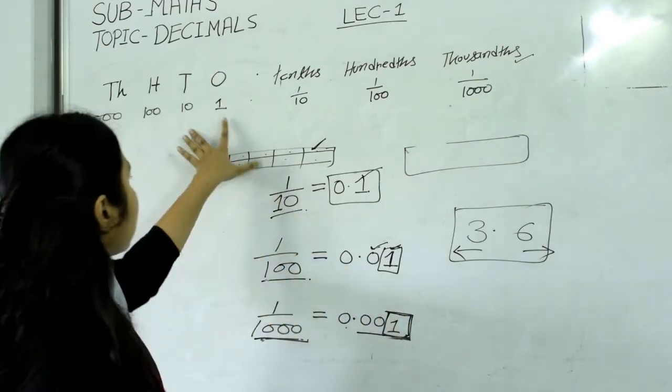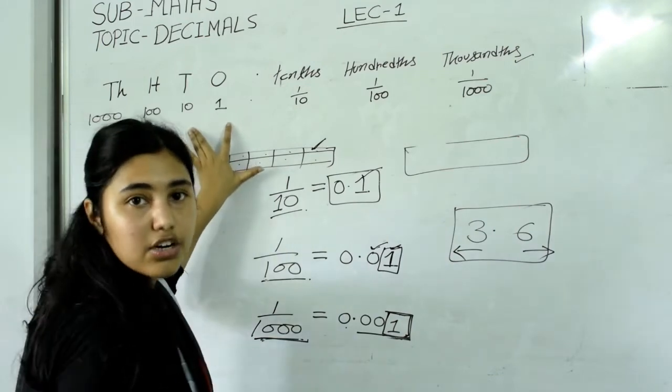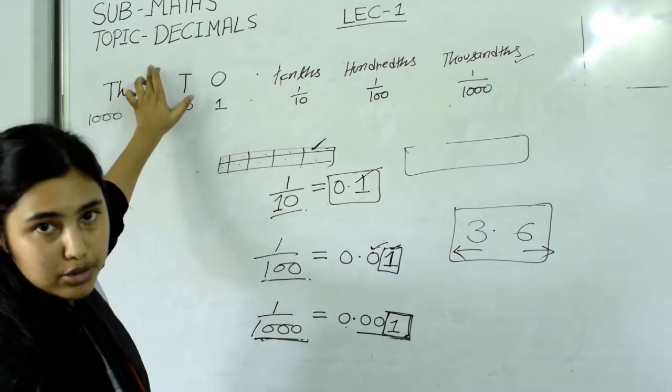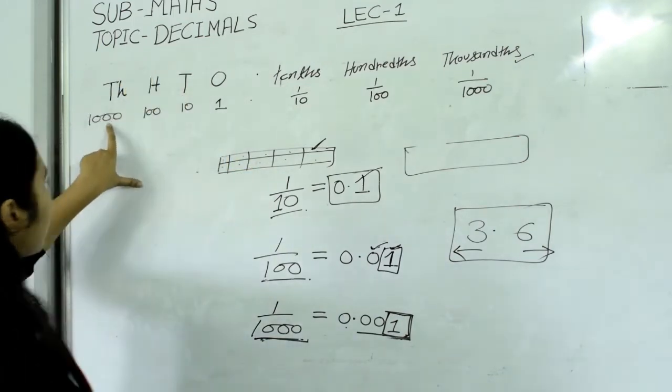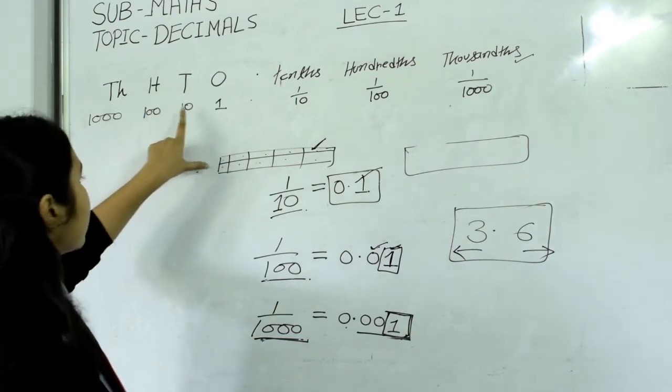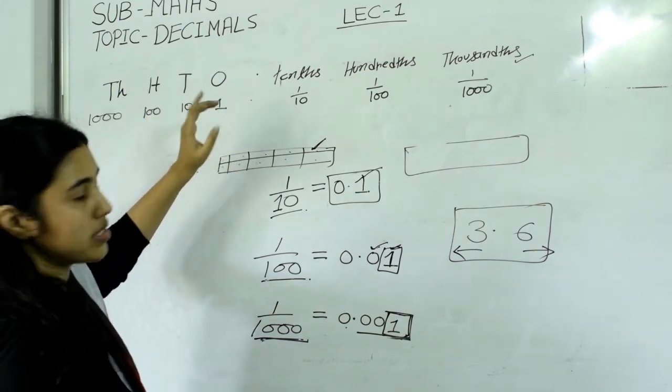This is the decimal place value chart, nothing but an extension of our place value chart. First thousands place, hundreds place, tens place, ones place.